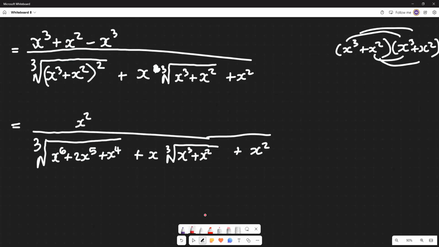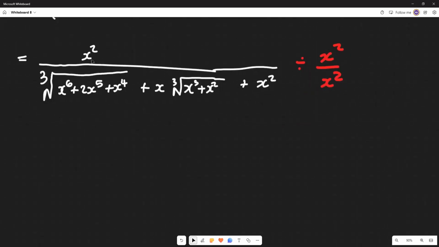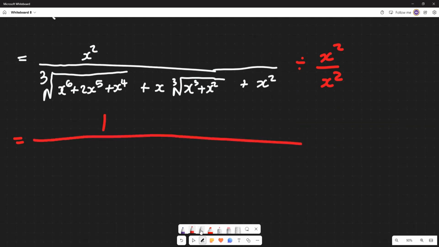So now, guys, here I'm going to divide every term on top by x squared, and I'm also dividing the bottom by x squared. The reason why I'm dividing, I always divide by the highest power of the top. So at the top, it's x squared divided by x squared, I'm left with 1 all over.